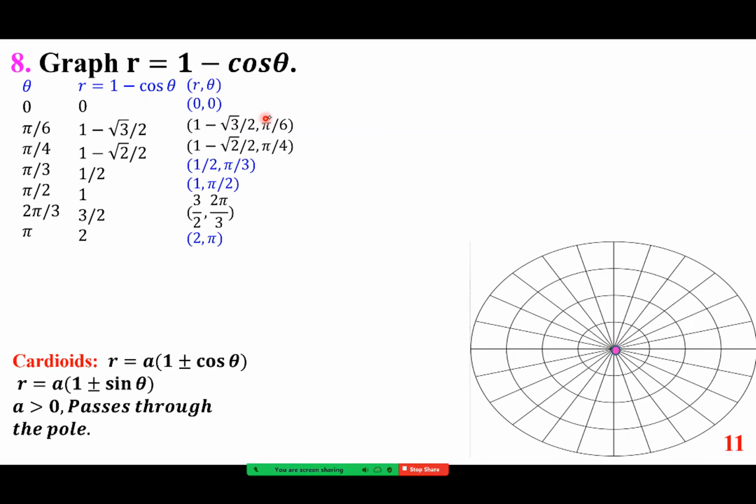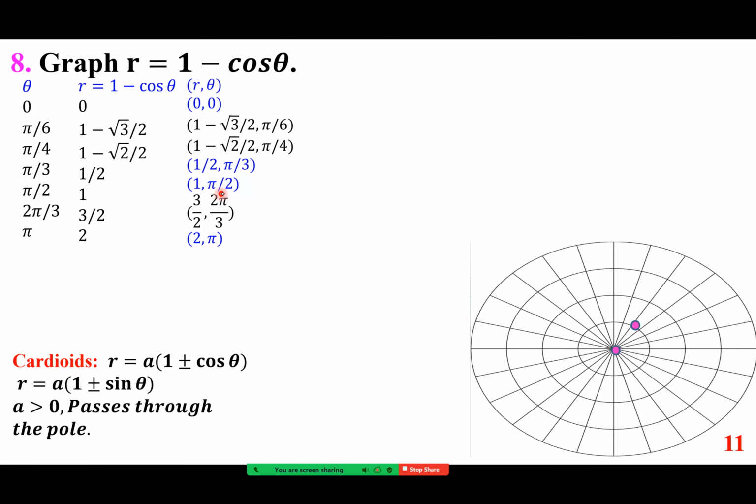You have to sort of go with the decimal representation to have an idea, okay? So what I want to do is go with the easy ones, this one, 1/2 at pi over 3. I'm assuming this is 1/2, this is 1, this is 3/2, and this is 2, roughly.